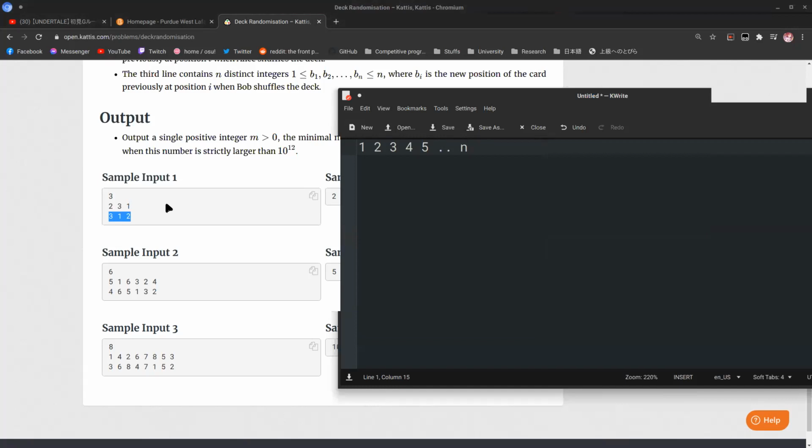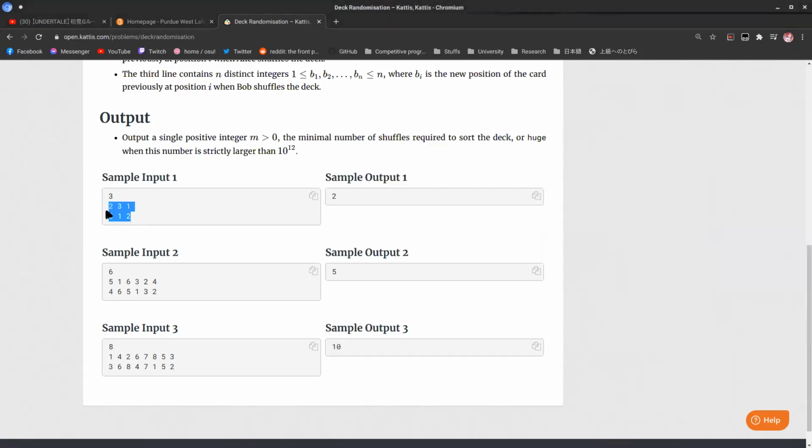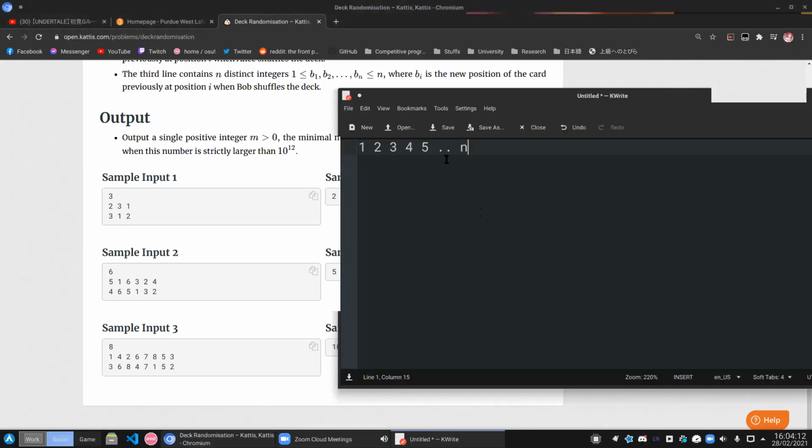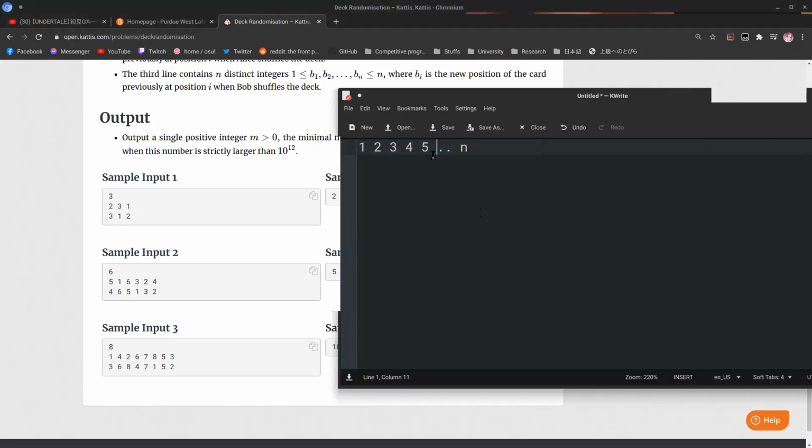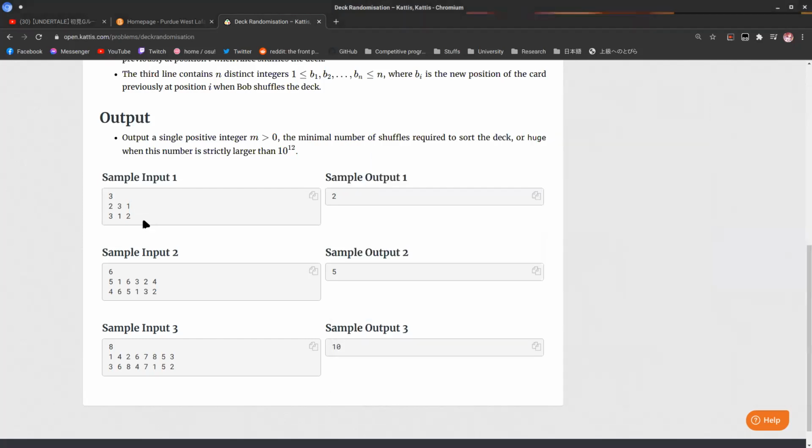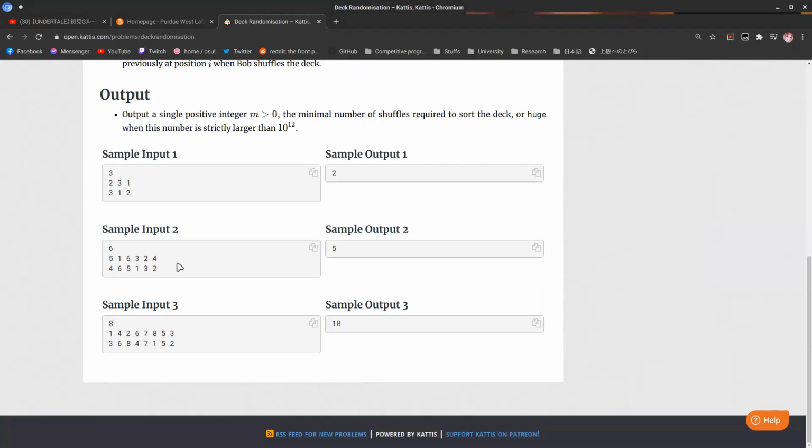What they want to know is the minimum number of swaps to return the stack of cards into the identity permutation again. In this test case, Alice swaps once and then Bob swaps once, and then it will return to the identity permutation, so the answer is 2. For this test case, Alice then Bob and then Alice and then Bob and then Alice again, which returns to 5.